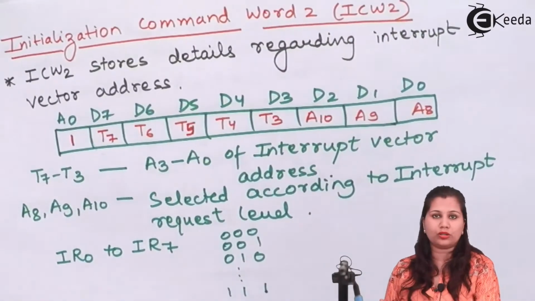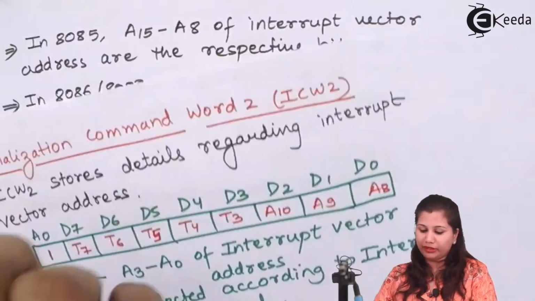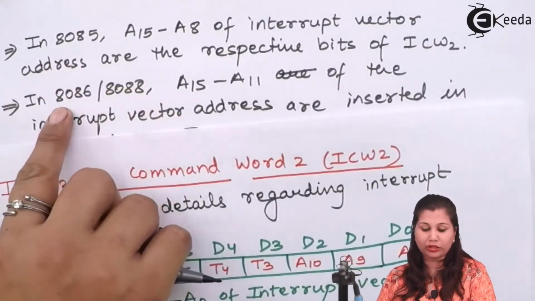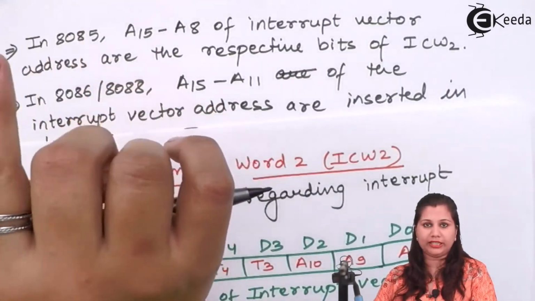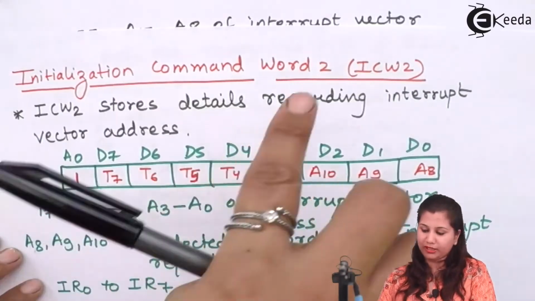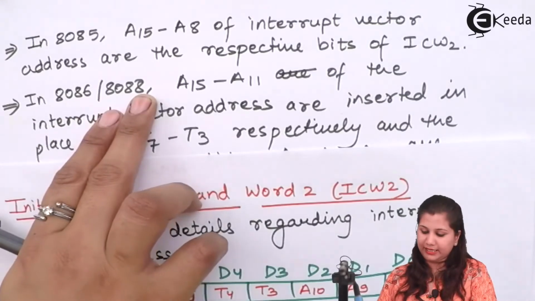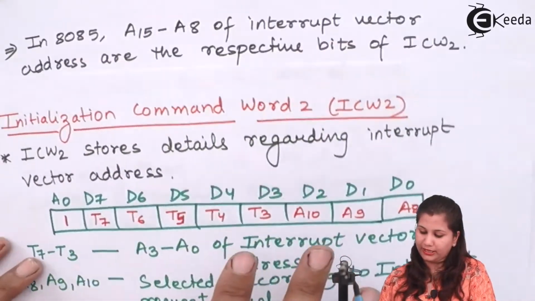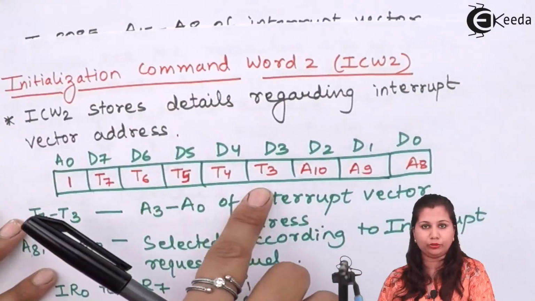So there are two ways in which 8259 can communicate. It can either communicate with 8085, and it can also communicate with 8086 and 8088. When it is communicating with 85, then A15 to A8 will be the 8 bits of this ICW2. If it is communicating with 8086 and 8088, then A15 to A11 of the interrupt vector address are inserted in place of T7 to T3.